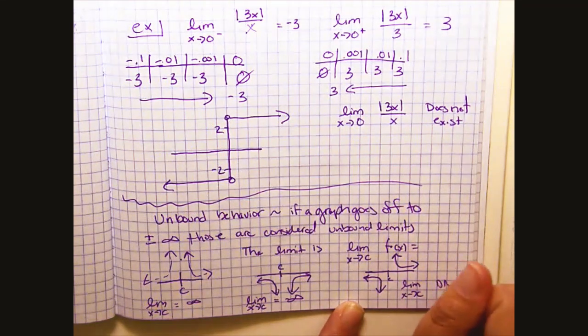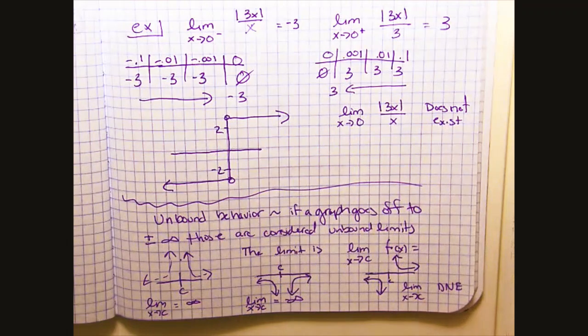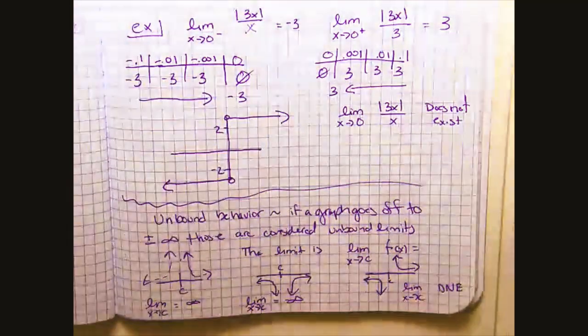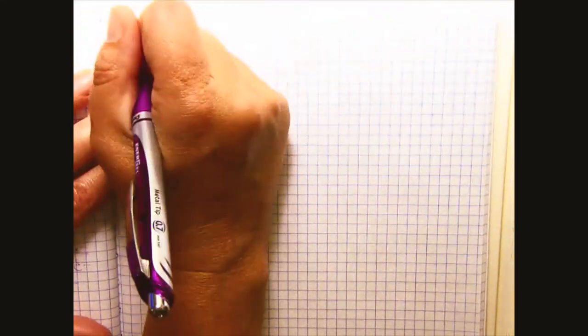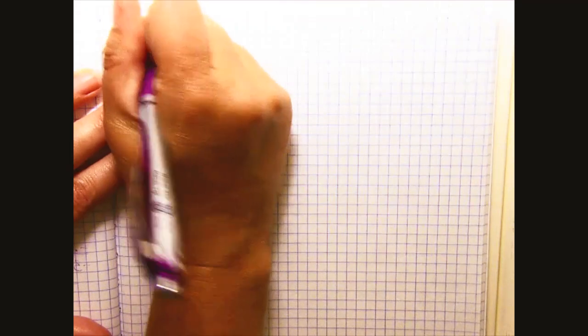And so when you are doing these unbound behaviors and you're asked to support your answer numerically, we want you to make a table. If you will recall, I promised after next week, you won't have to make a table in the next part, but you do this week.